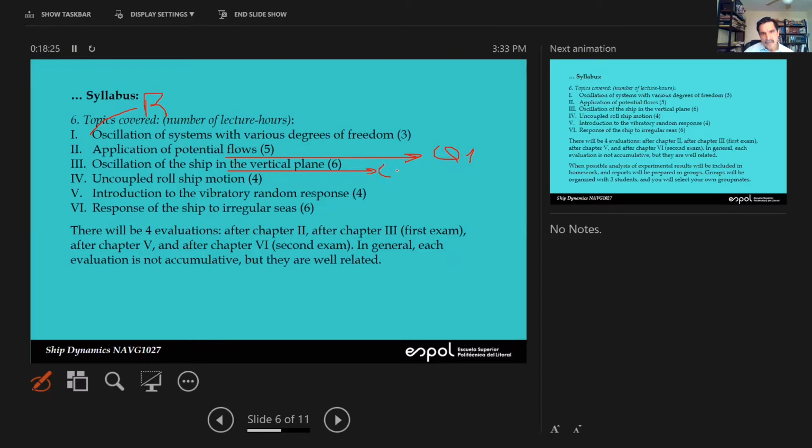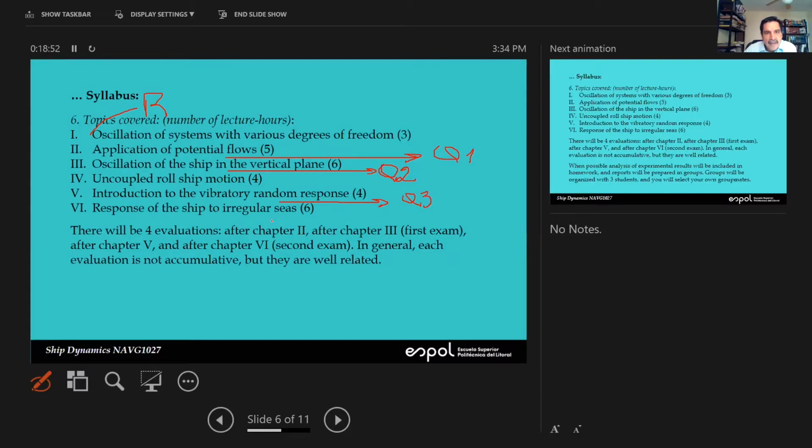So we're going to have quiz 2 here, which mostly covers the material of chapter 3, but you cannot forget what happened before, I mean, chapters 1 and 2. Okay? We will go on to chapters 4 and 5, and here we're going to have our quiz 3.